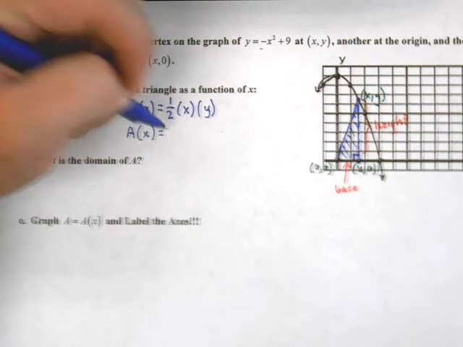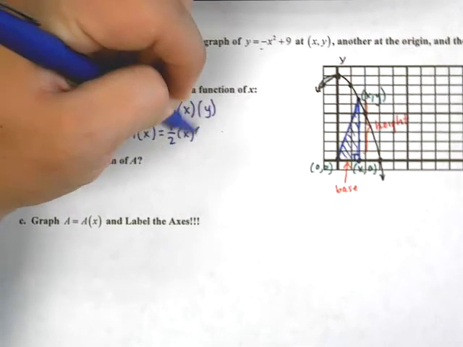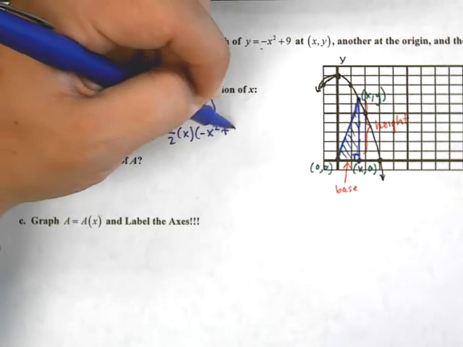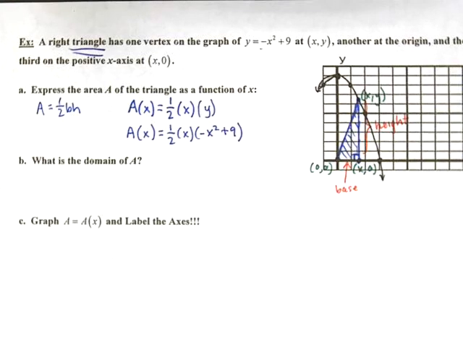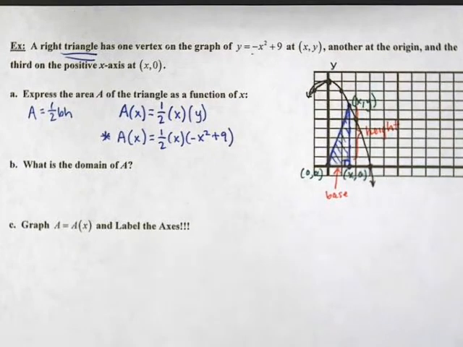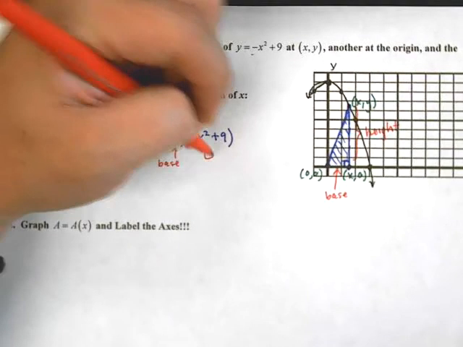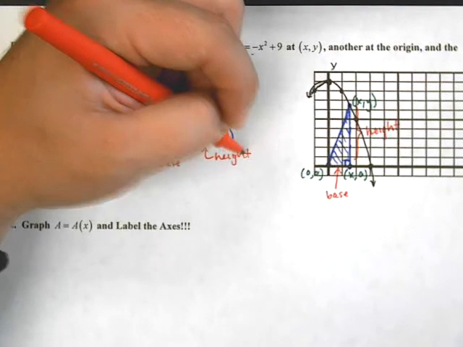I have to use that original equation. I know that for some x, y is negative x squared plus 9. This is what we will use in a little bit. Just remember, this is our base, this is our height.